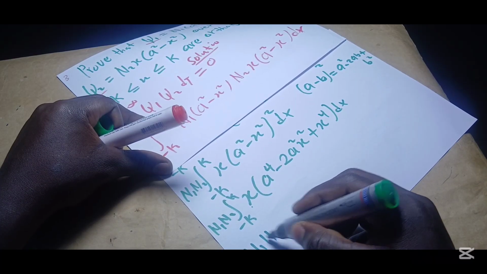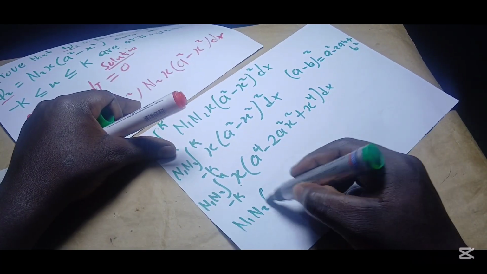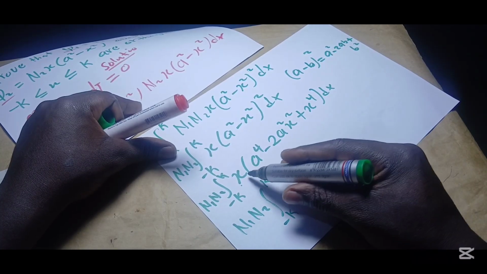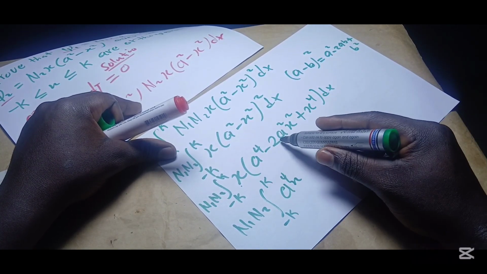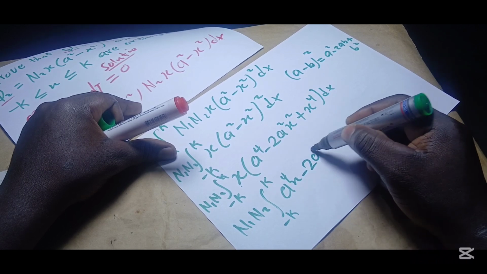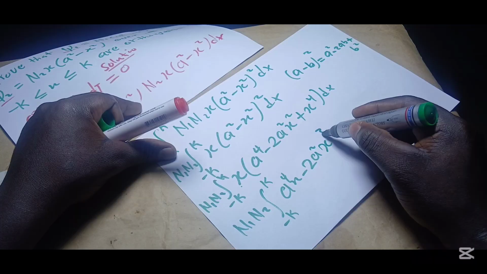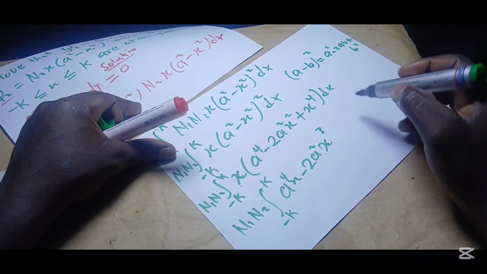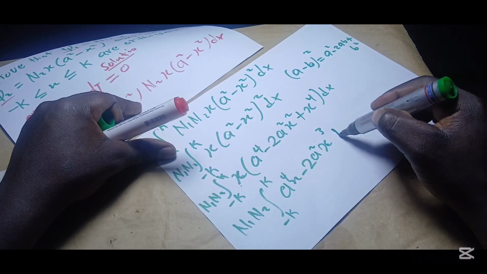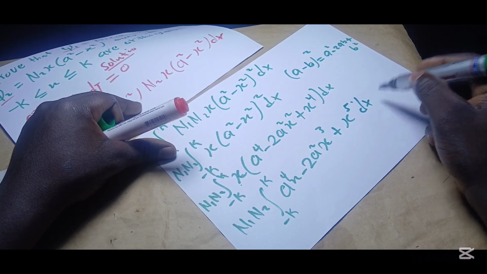So we have N1 N2, integral from minus k to positive k, x by a to the power 4, giving us a to the power 4 x, by minus 2 a to the power 2, giving us minus 2 a to the power 2 x to the power 3. X to the power 1 multiplying x to the power 2 gives us x to the power 3. So x multiplied by x to the power 4 gives us x to the power 5, right? So dx.